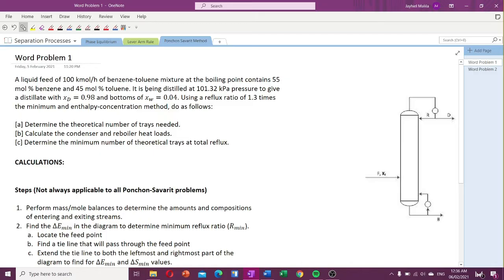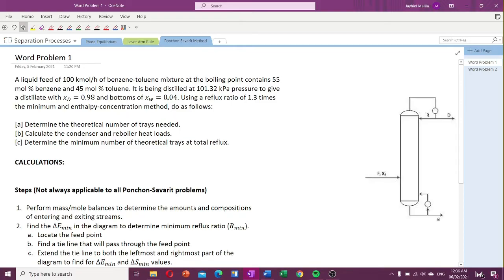It is being distilled at 101.32 kPa pressure to give a distillate composition XD of 0.98 and a bottoms composition of 0.04.